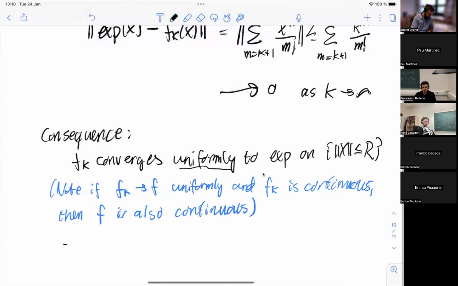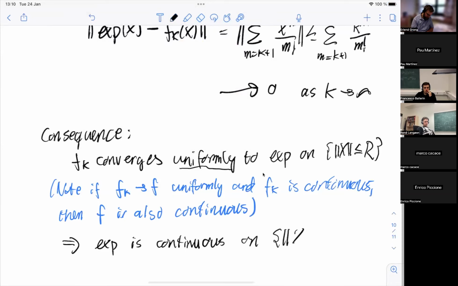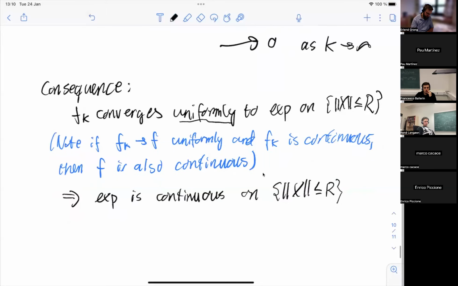So for this case, this means that exp is continuous on the set where the norm of x is less than R. And since R was arbitrary, any x is in one of these sets, so exp is continuous.